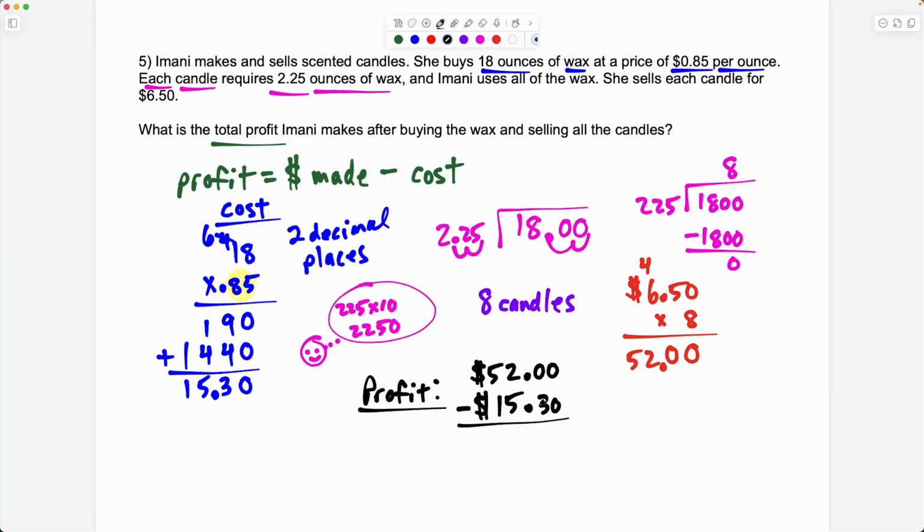Here we can do 0 minus 0 is 0, but we can't do 0 minus 3. So we borrow, we make this a 1, and we move 1 over. And we have 10 minus 3 is 7. Bring down the decimal, and now we borrow from here. So we have a 4, put a 1. 11 minus 5 is 6, and 4 minus 1 is 3. So Imani's profit is going to be $36.70.